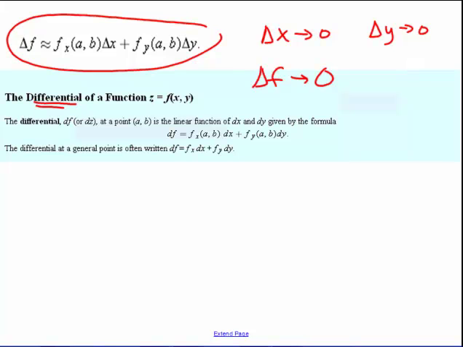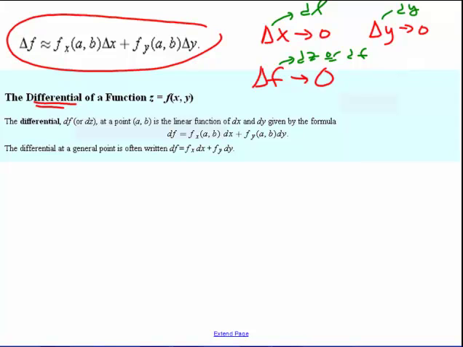So we're going to replace these macro changes, delta x, delta y, delta f, with dx and dy and dz. So we're talking about changes on the micro level, the infinitesimally small changes. And when these changes are infinitely small, then it actually is called the differential.